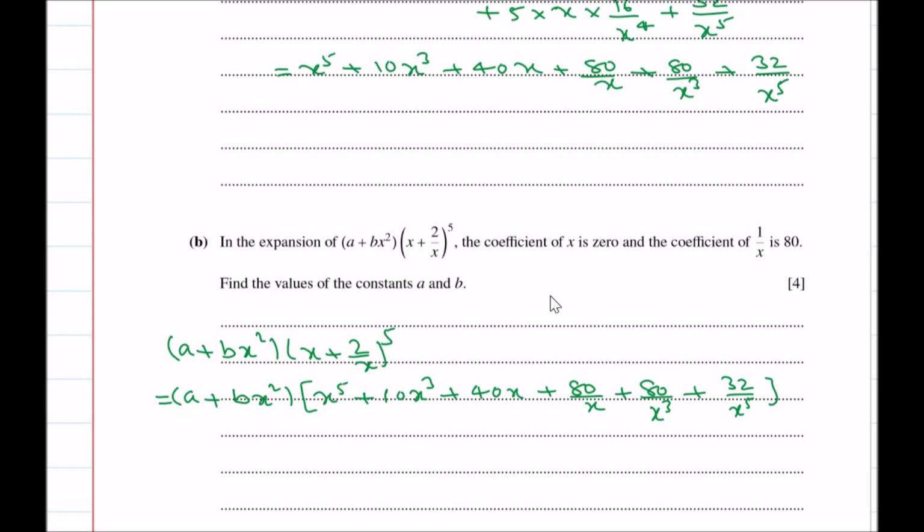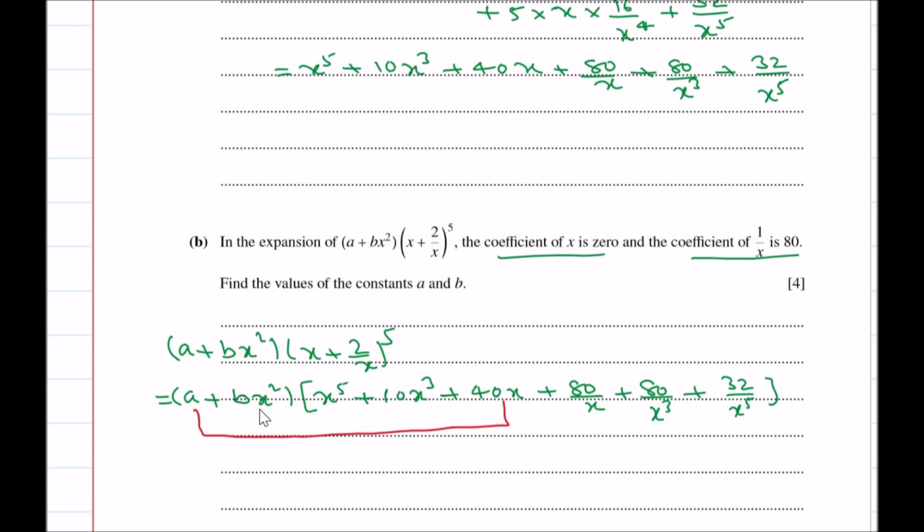Now we have to see the coefficient of x is 0 and the coefficient of 1 by x. That means we need to find the term with x. To find it, let me show you. If we multiply a with 40x, we will get one term with x.